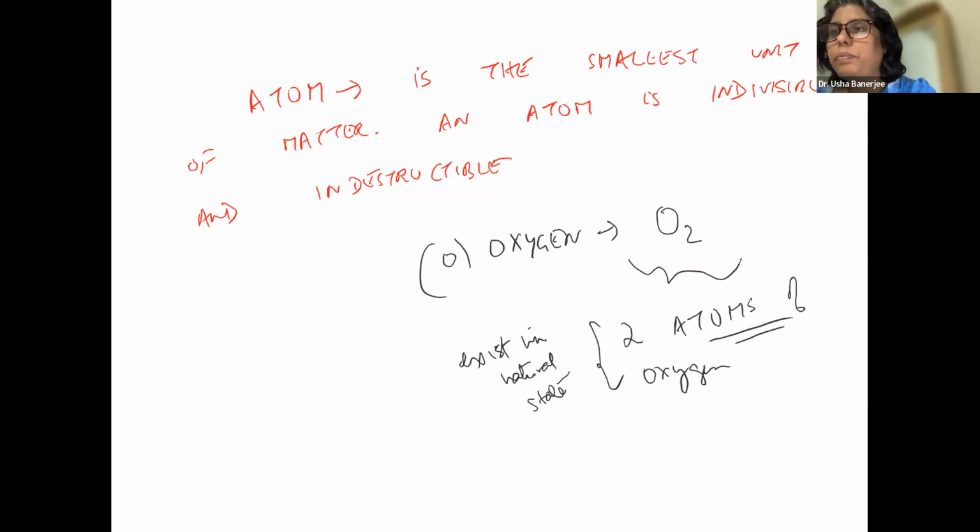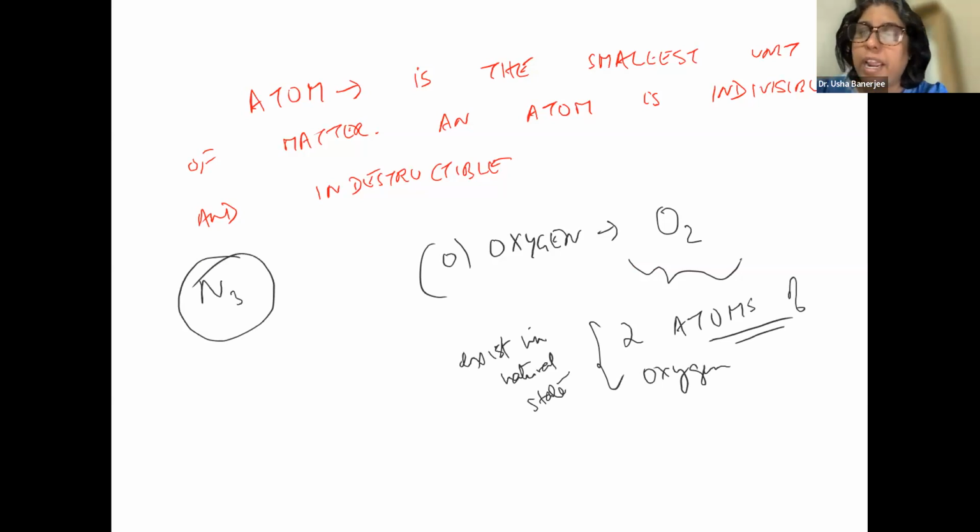Okay, right? So O2 means 2 atoms of oxygen. So if I write nitrogen as N2, what does this mean? 2 atoms of nitrogen, right? So as I told you, this is an overlap of physics and chemistry, right? So we'll do all of these in great details in the class.